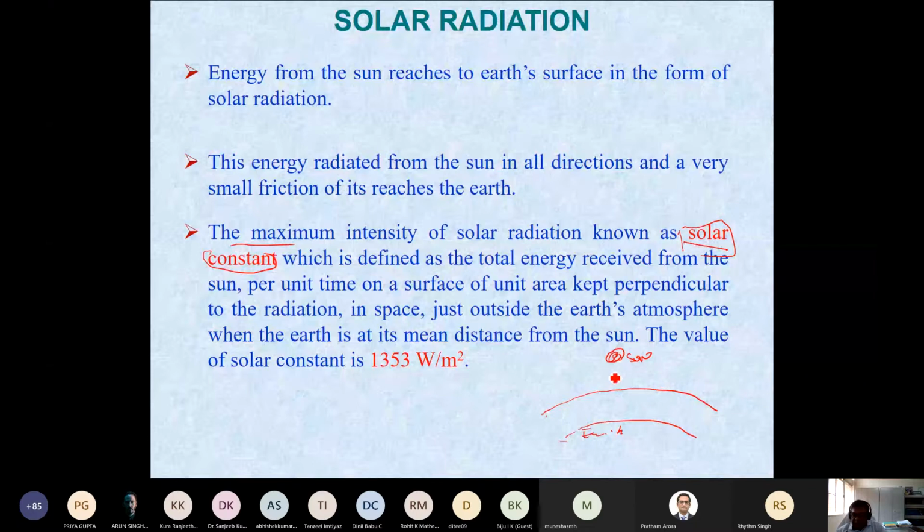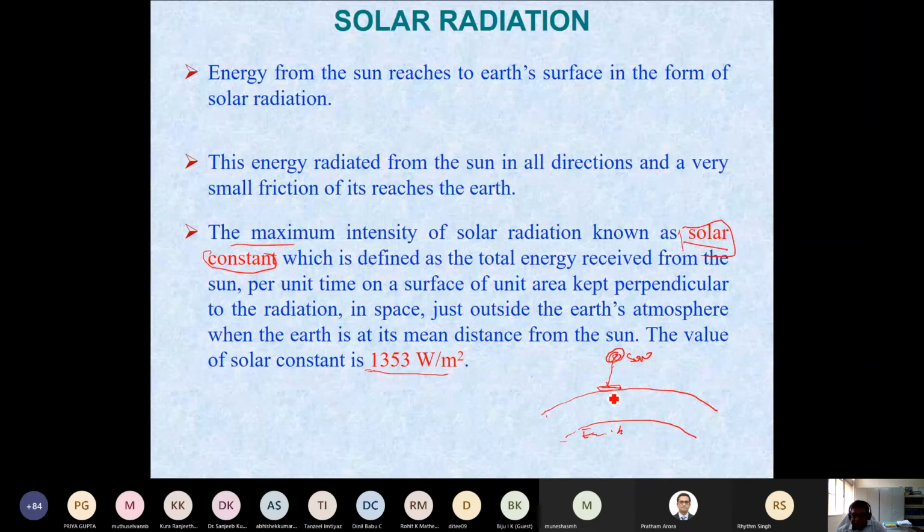How can we get the maximum possible radiation? If solar radiation falls over a receiving surface of unit area, kept perpendicular to the incoming solar radiation, at that condition only the intensity of solar radiation will be maximum, when the radiation falls on the receiving surface perpendicularly.